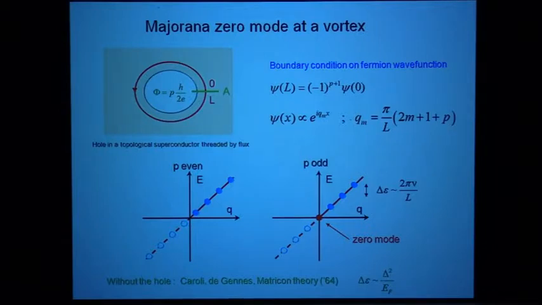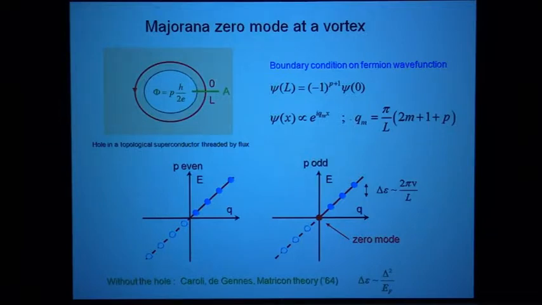So when the Majorana mode goes around the circle and there's no magnetic field, then it's rotating by 2 pi, so it picks up the minus sign for a fermion. And so what that means is that when there's no magnetic field, you get a set of discrete states, but they miss 0. Okay?